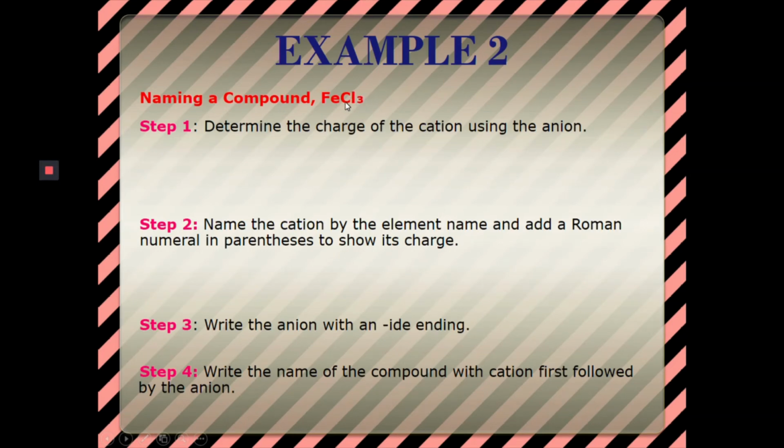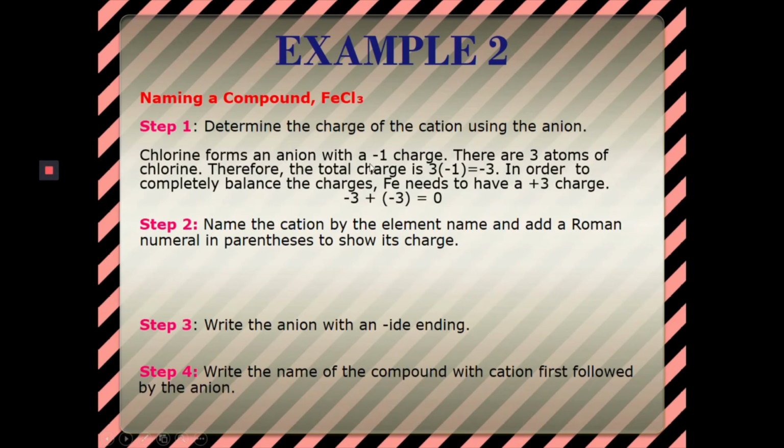Cl3 means we have 3 atoms of chlorine, so the total charge for the anion is -3. In order to balance the charges, we need a +3 charge. This means that this iron is iron 3 plus.